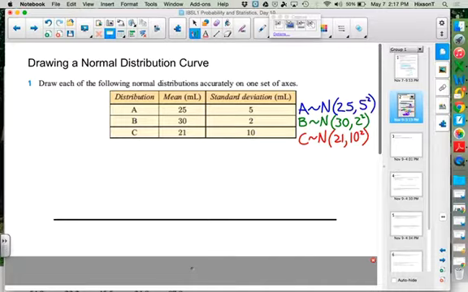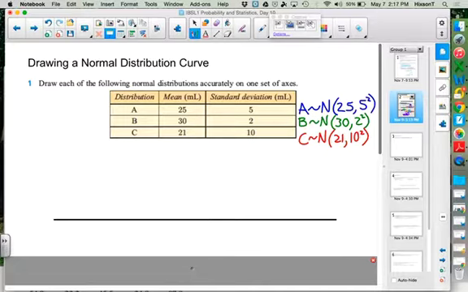For example, where do you think the mean is going to be on your bell curve? In the middle, okay? The highest point on your bell curve is always going to be your mean.